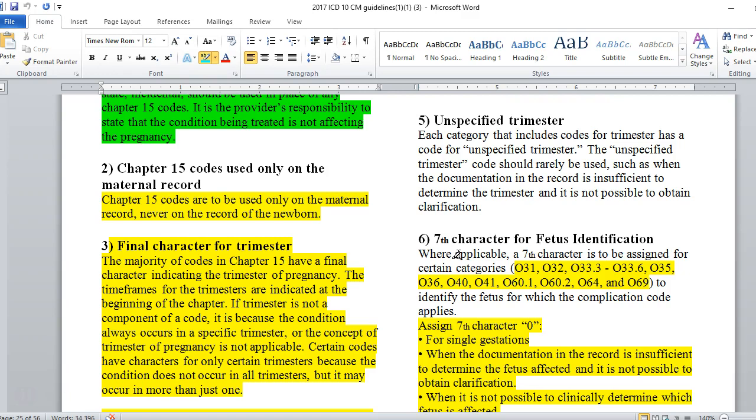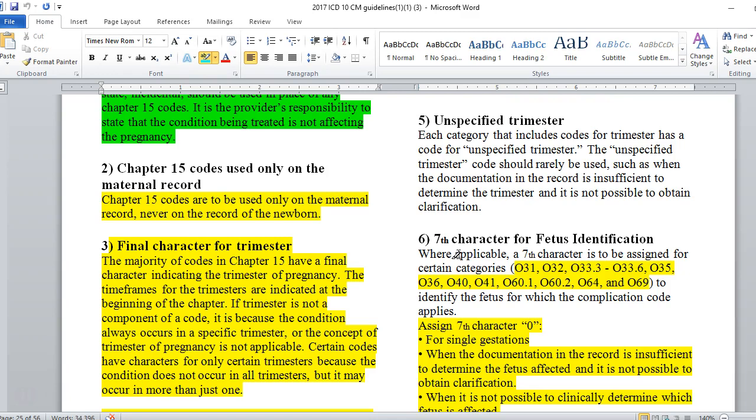So if, let's say, this is a pregnant woman in a car crash and they can tell she's pregnant, or maybe they did a quick blood test, but we don't know exactly where she was. And she was stabilized and treated by us, but then we sent her somewhere else. That would be a scenario where we would use unspecified.